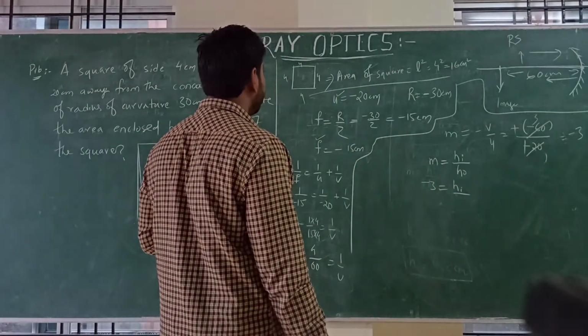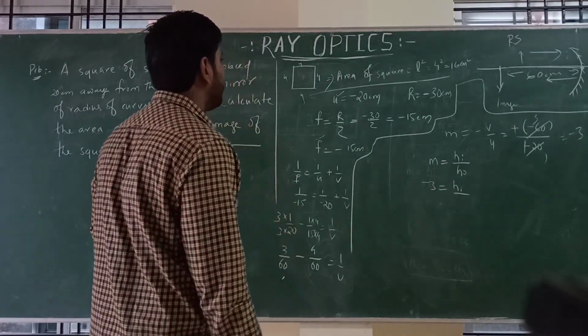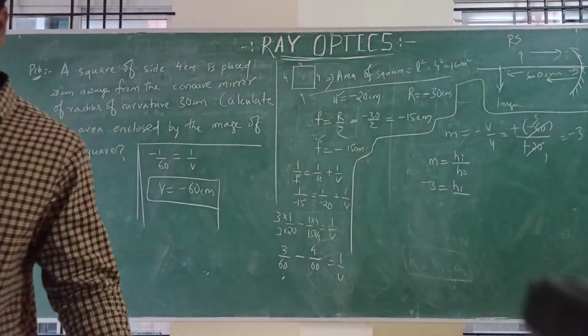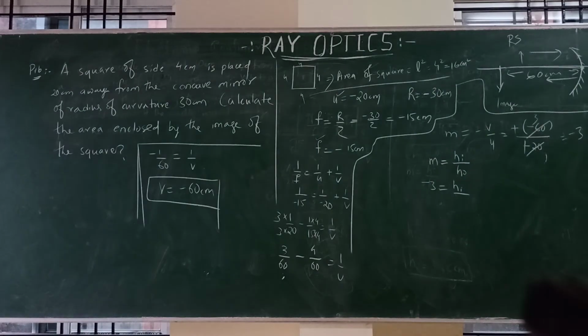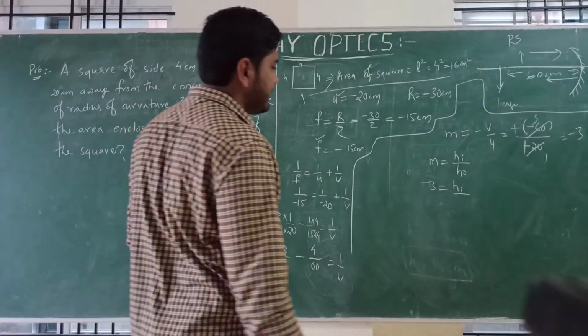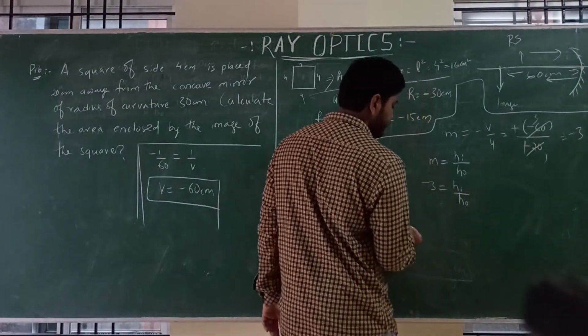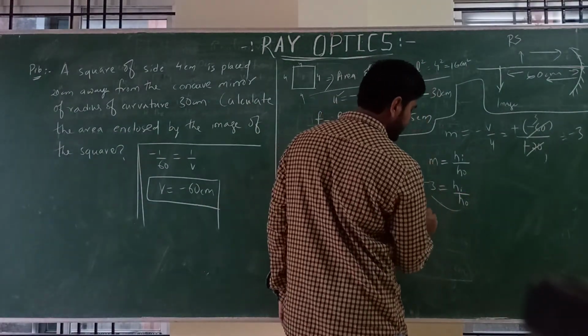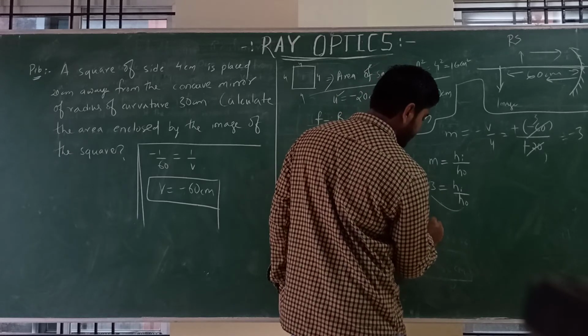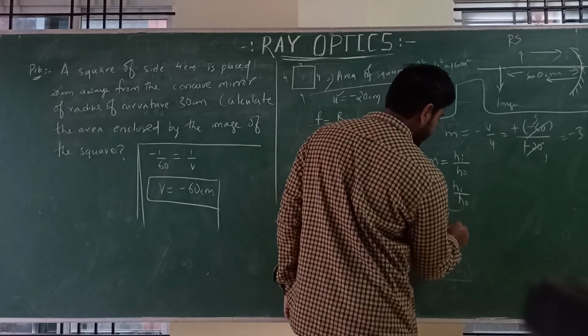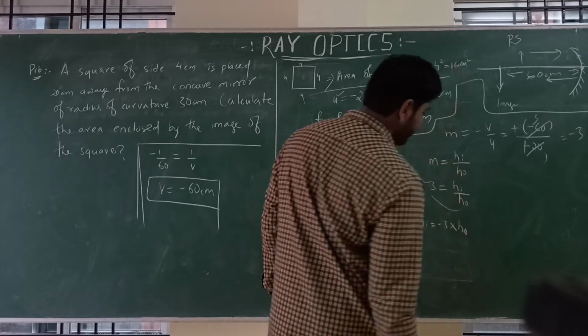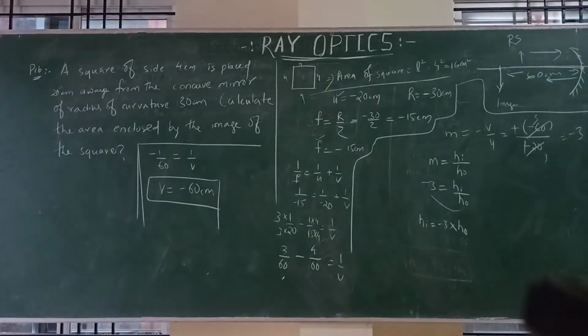What is the height of the object? 4 centimeter? No, that also we don't know. So if I take ho to this side, hi is equal to minus 3 into ho.